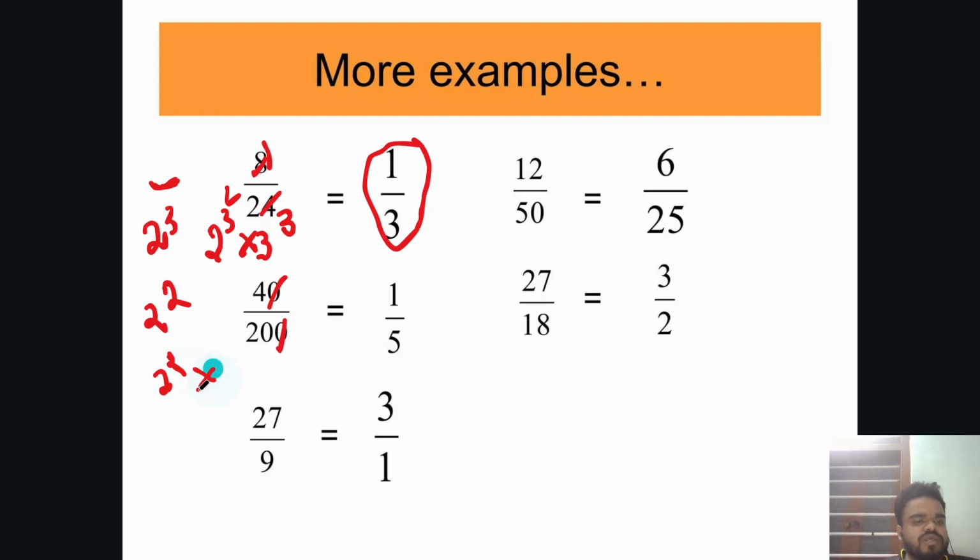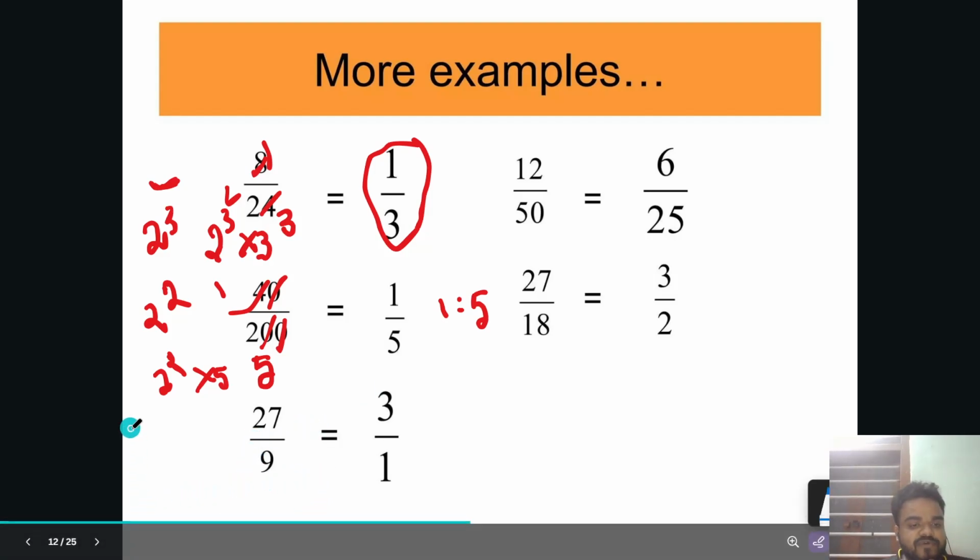So what is common here? 2 square only, with the least power. So divide by 4 on both numerator and denominator. 4 ones are 4, 4 fives are 20. So this ratio will become 1 by 5 or 1 to 5 or 1 is to 5. This is the simplest form of 400 by 200.